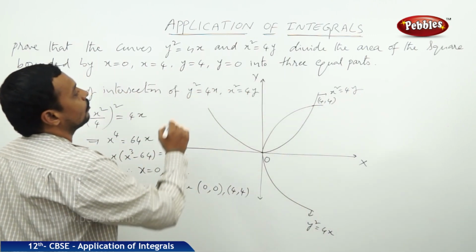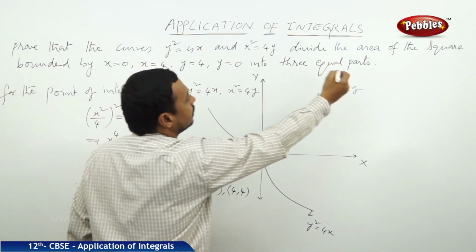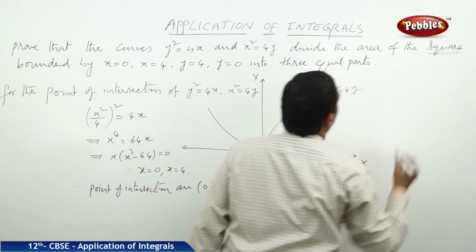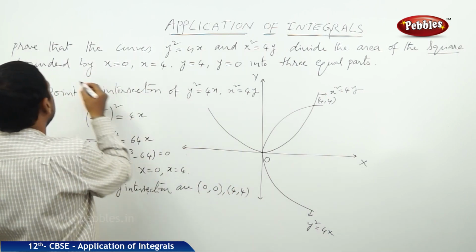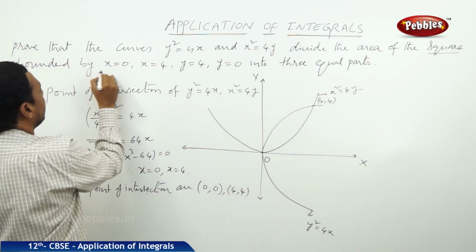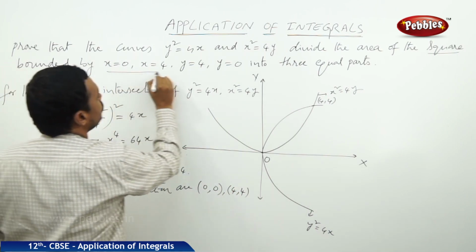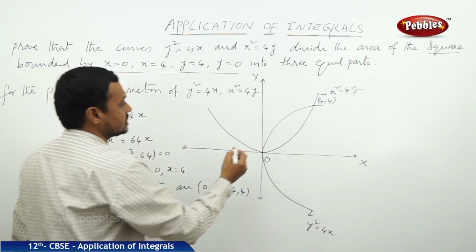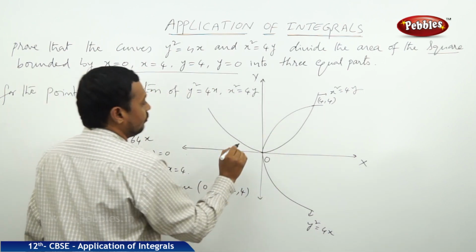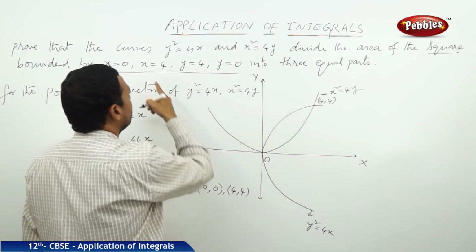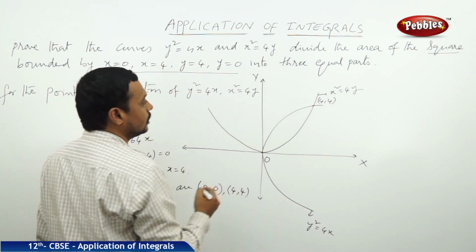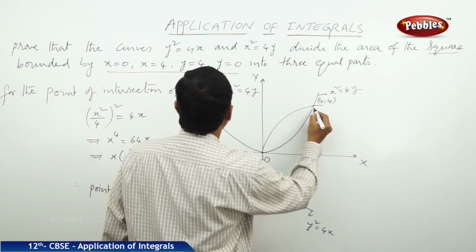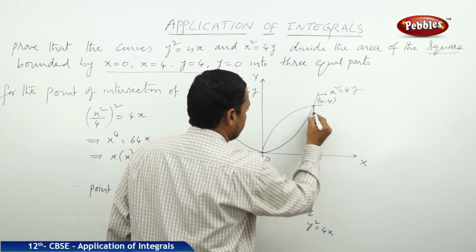Okay. Now there is another diagram, a square formed by, or bounded by, the 4 straight lines. X is equal to 0, the y-axis, y is equal to 0, the x-axis, and x is equal to 4, parallel to the y-axis.